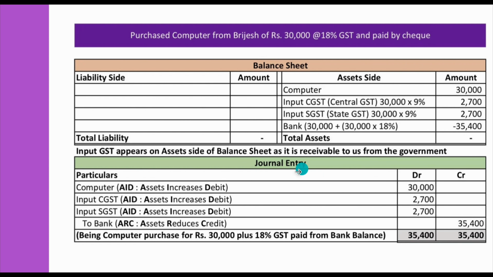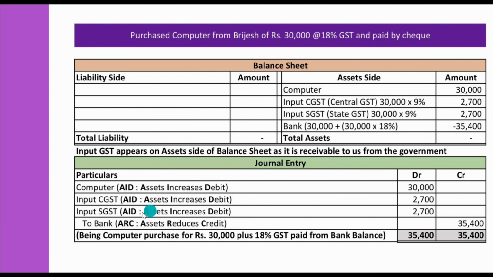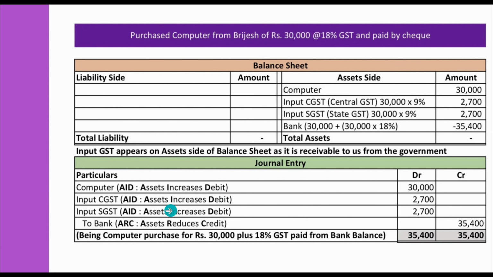Now the journal entry. Computer account will be debited by rupees 30,000 based on the rule of assets increases debit. Input CGST will be debited rupees 2,700 based on the rule of assets increases debit. Input SGST will be debited by rupees 2,700 based on the rule of assets increases debit.